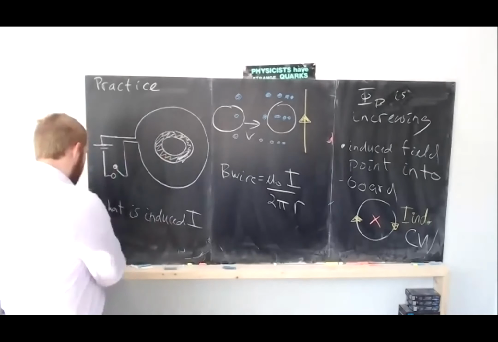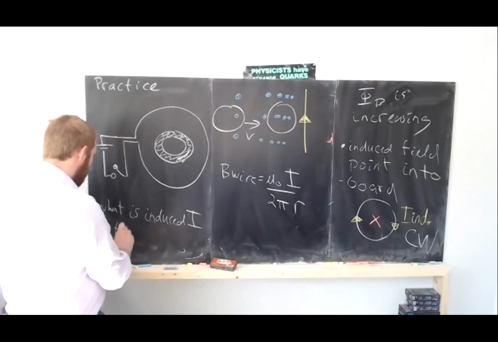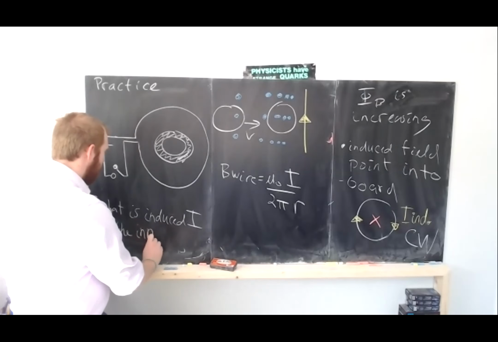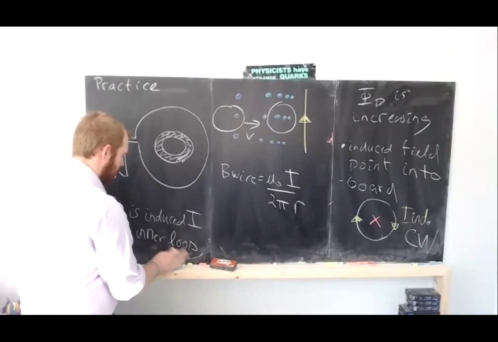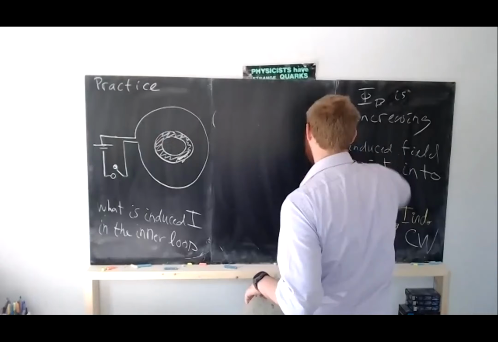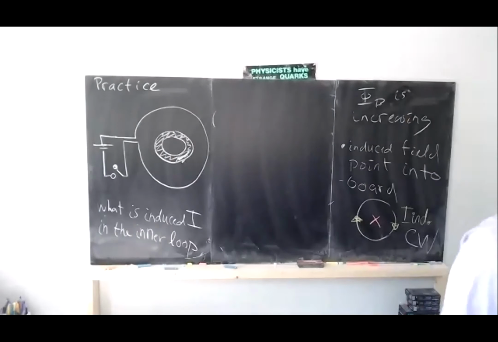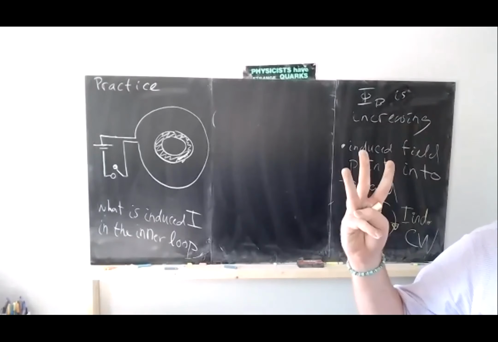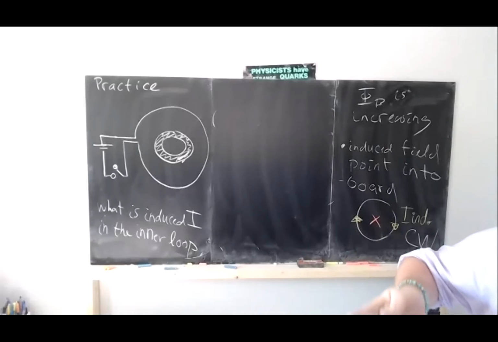So what's the induced current in the inner loop? Let's induce current in the inner loop, and I'm going to do 3 cases: close the switch, hold the switch, release the switch. So we're doing 3 cases.